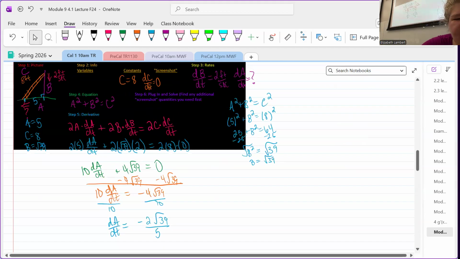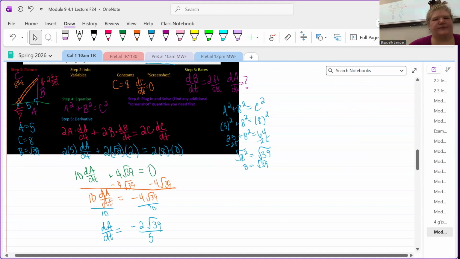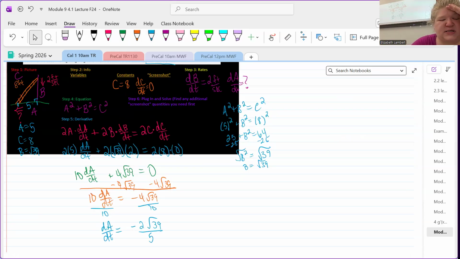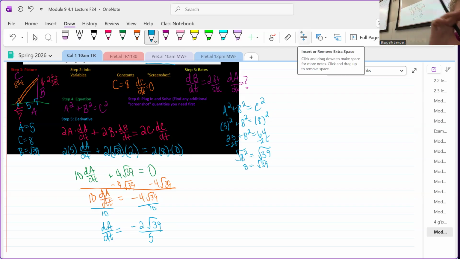Now I got a negative number here. We can get positive or negative rates depending on how we look at our snapshot, our freeze frame. So when I go back and look at the original setup, when the ladder is sliding down the wall, that 2 feet per second, when I look at B, is B getting bigger or getting smaller as the ladder slides down?